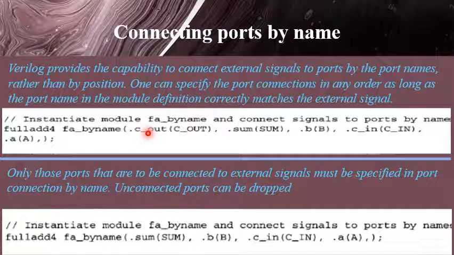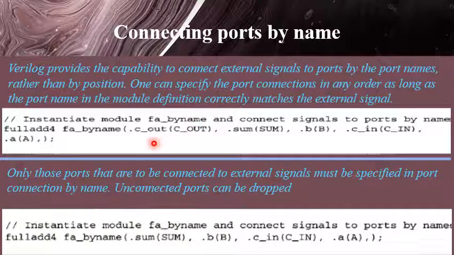And this cout should be connected to capital letter Cout. This port name or signal name is corresponding to the Cout signal of the stimulus block, that is the external signal. So what I am saying is this internal signal dot cout, in brackets the external signal.